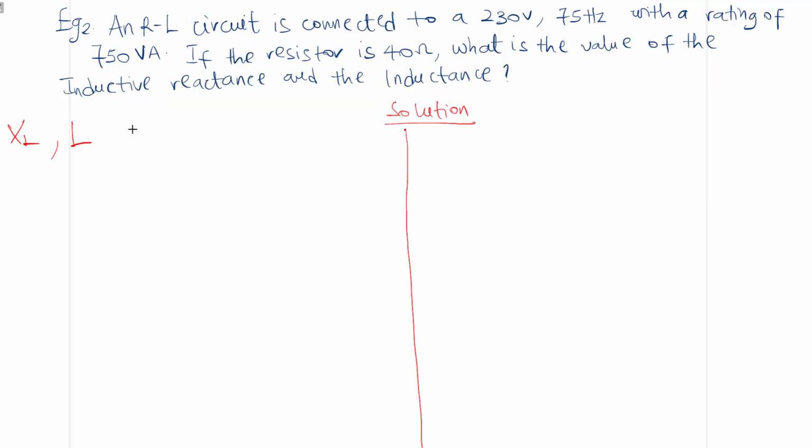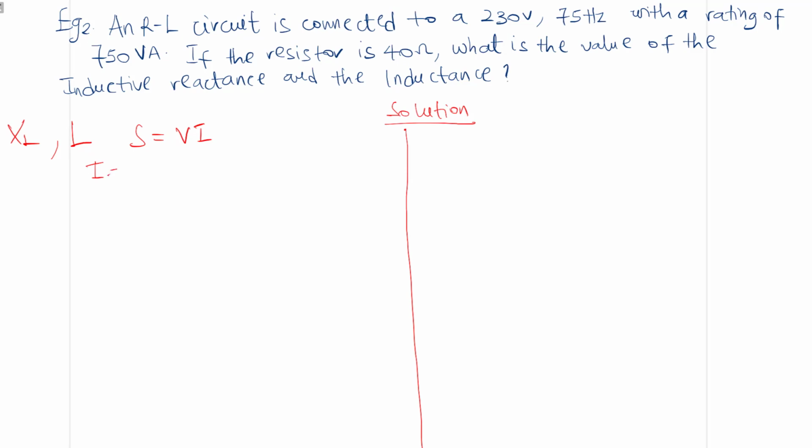You've been given a power that is in VA. So in VA, we will say that it is an apparent power, right? So S is equal to VI, because when you have your power in volt ampere, that means your power is an apparent power, that is S, which is equal to VI.